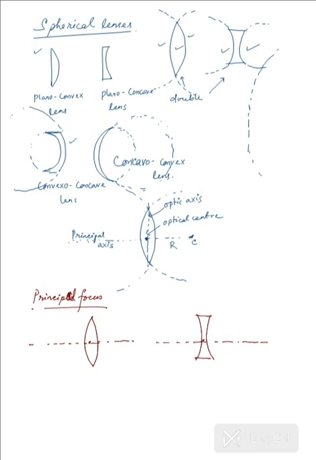So over here we have a point on the principal axis where from a light ray if emitted, or a pair of light ray if emitted in a diverging sense, then they are rendered parallelly after refraction.